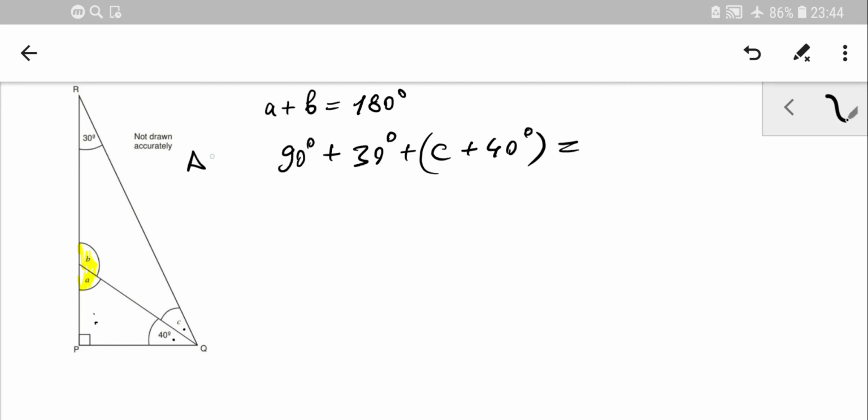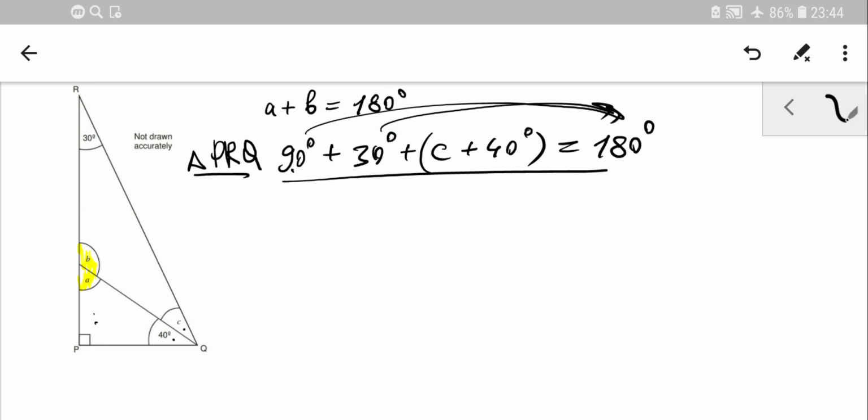So we consider triangle PRQ, and for that the sum of all interior angles is 180 degrees. All right, so let's simplify. 90, we transfer it here, 30 transfer it here, and 40 also transfer it here, so we stay with C. So 180 minus 90 is 90, minus 30 is 60, 60 minus 40 is 20 degrees. All right, so we've got C is 20 degrees. All right, we put it here.